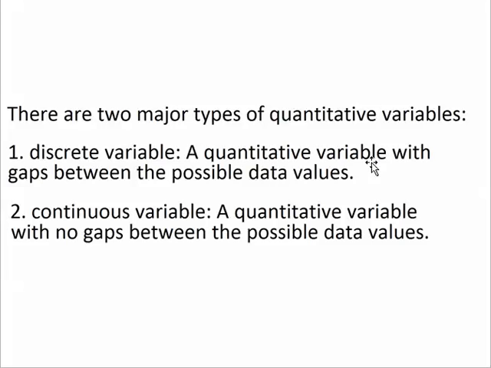I think the difference between discrete and continuous will make a little bit more sense once we start looking at some examples. Let's start by looking at the variable of number of siblings. So let's think about what the possible numbers of siblings are that a person could have.